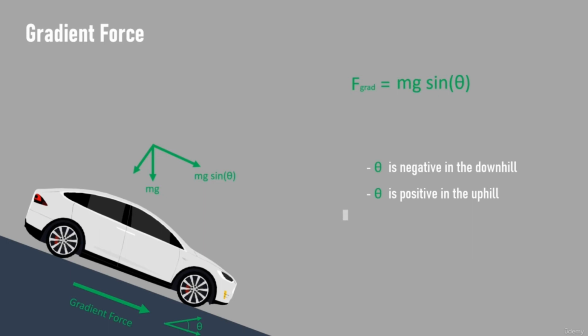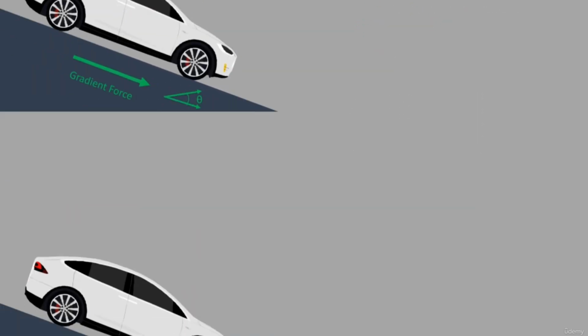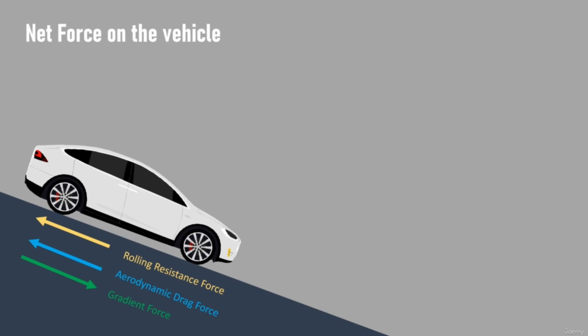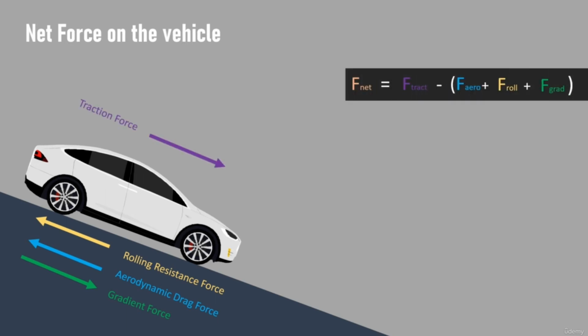If we now consider a vehicle moving on an inclined surface, then the aerodynamic drag force, the rolling resistance force, and the gradient force act on the vehicle. If we now include the traction force provided by the vehicle powertrain, then the net force on the vehicle F net is the difference between the traction force and the sum of the forces due to the aerodynamic drag, the rolling resistance, and the road gradient.